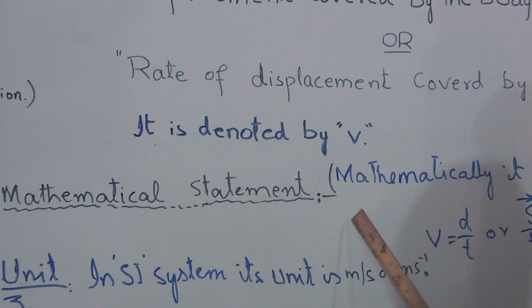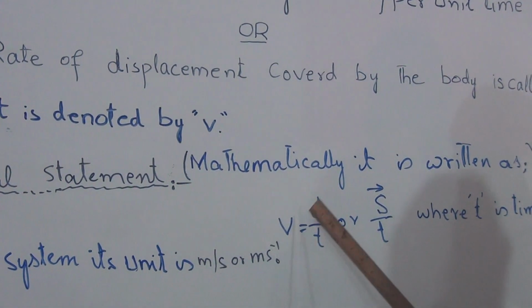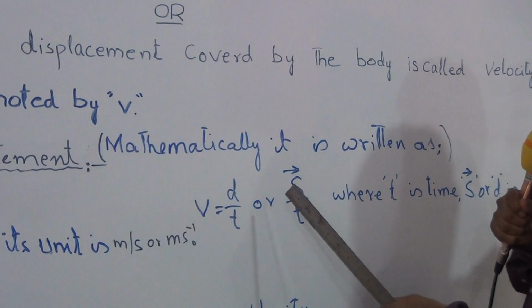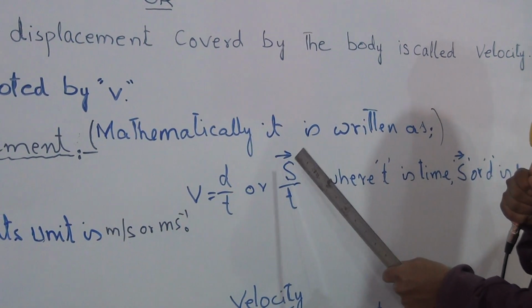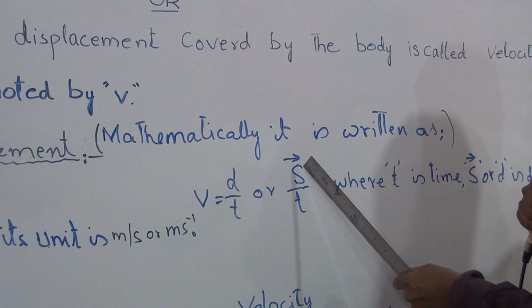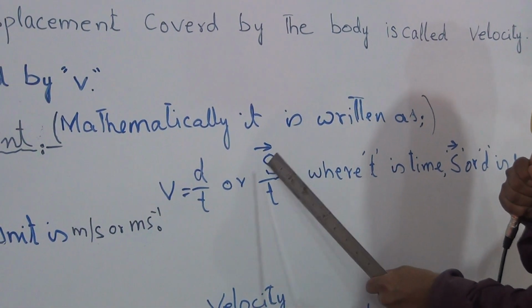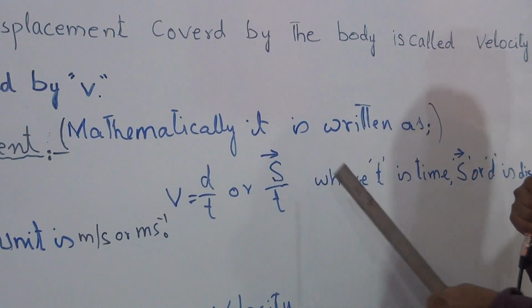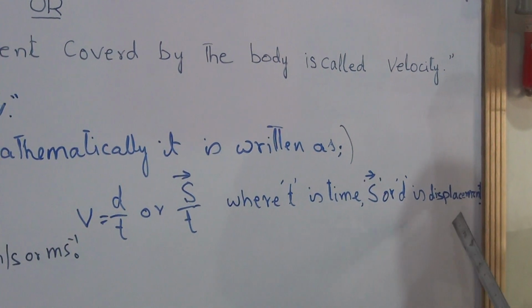Mathematically it is written as V is equal to d upon t. If you want to write S, then you make an arrow over the S. When you put an arrow, which shows the direction, it becomes displacement, where t is time and S or d is displacement.